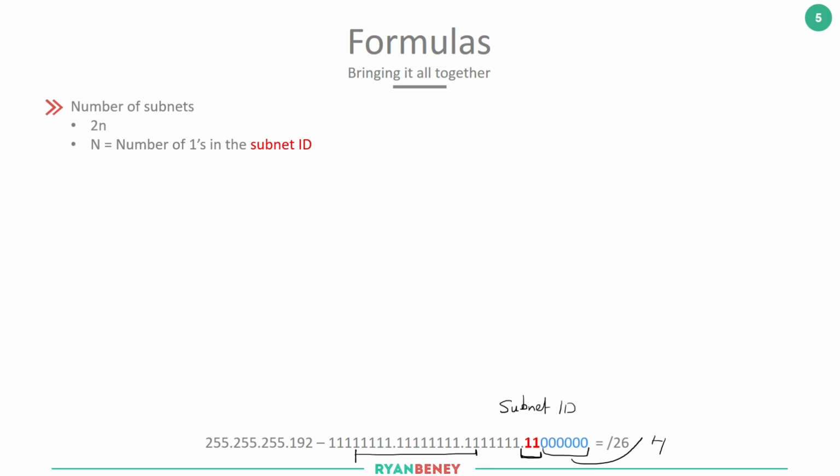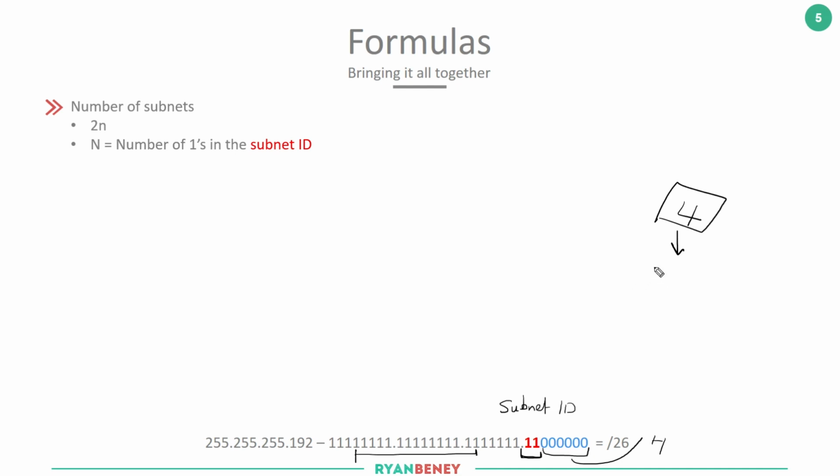To figure out the number of subnets, we need to do 2 to the n, where n is the ones in the subnet ID. So in this case, we need 2 times 2, so that's 4, right? So 2 to the 2 is 4. So we have 4 new networks. By turning on these 2 bits, we have 4 new networks.